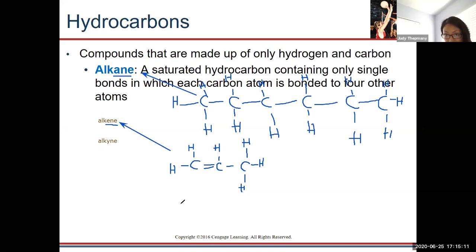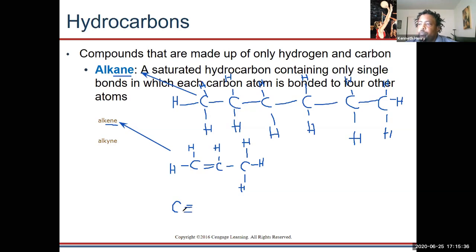A combination of both. No, not a mixture of both. Having more than 2 bonds? A triple bond? Having more than a double bond? So in that case, if you have more than a double bond, you have a what bond? Triple. A triple bond. That's right.